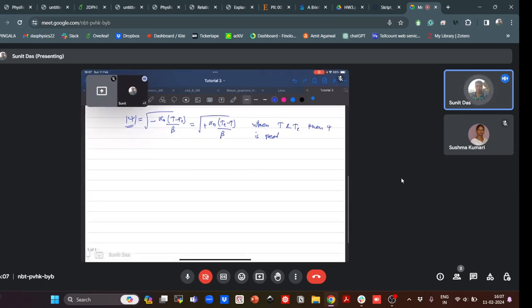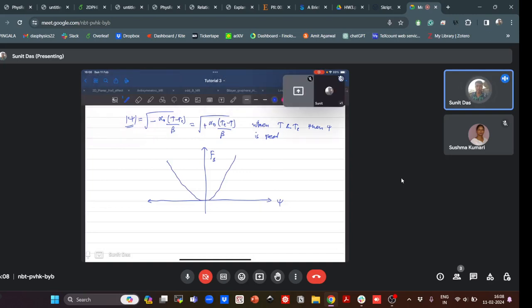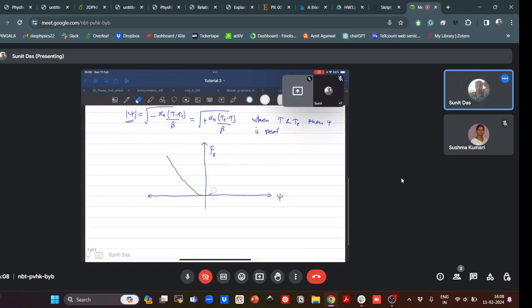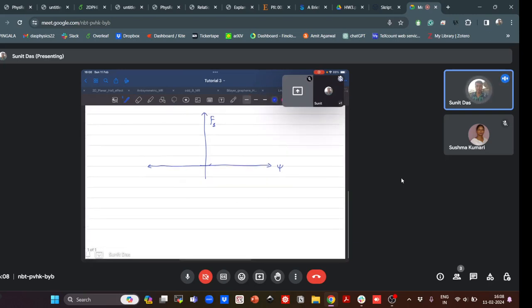And the free energy for superconductors with respect to psi was of this form. So this is the free energy for superconductors, and this is the psi order parameter.